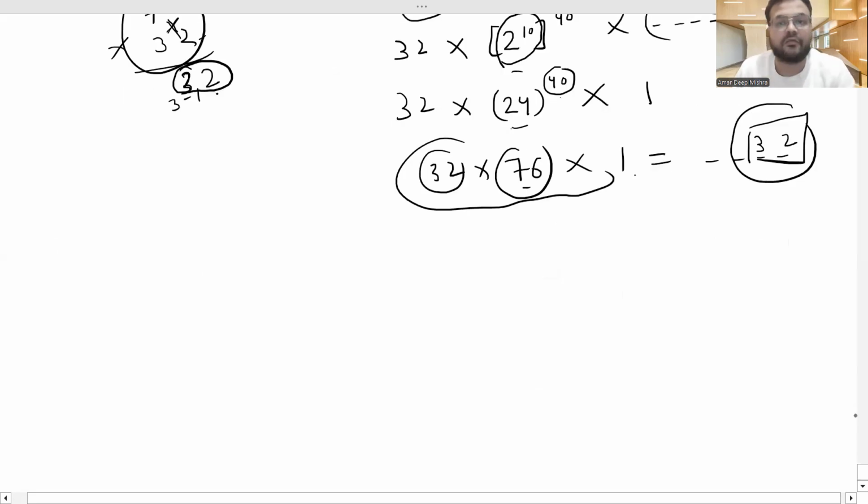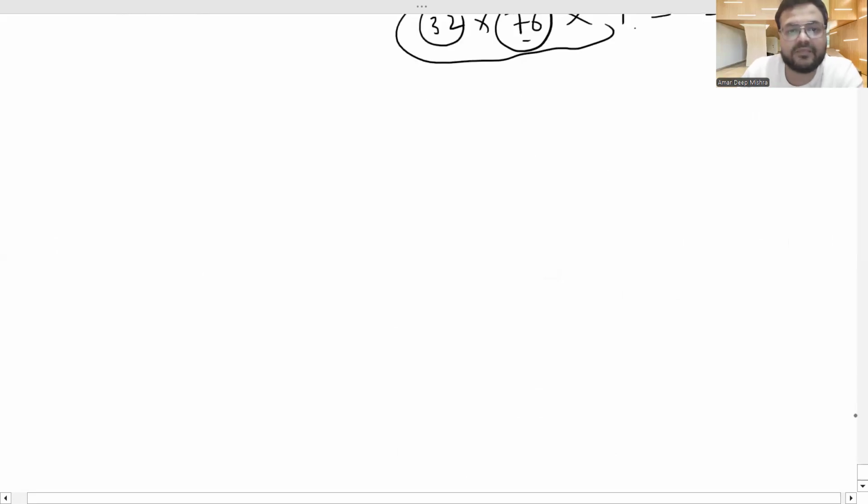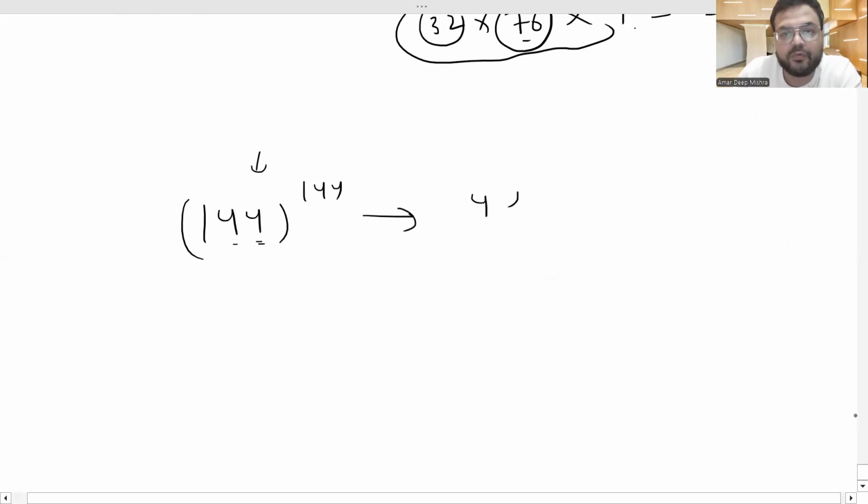Suppose we have, let's say, 144 to the power 144. Now you might be thinking, sorry, we have 4 at the unit place. No issues. So if you see here, this 44, it is divisible by 4, right? So I can write it like this: 4 into 4 3s are 12, and 4 6s are.